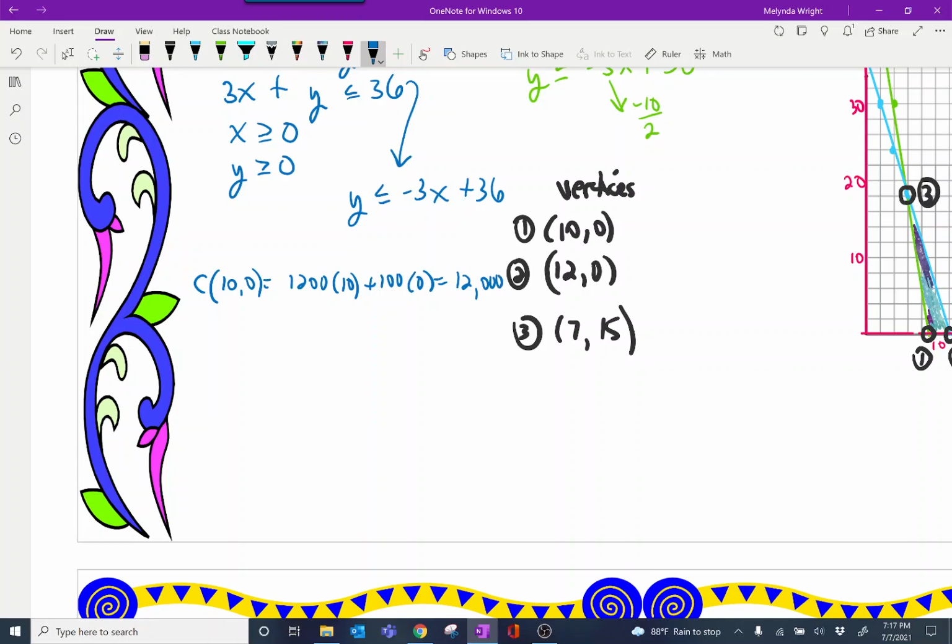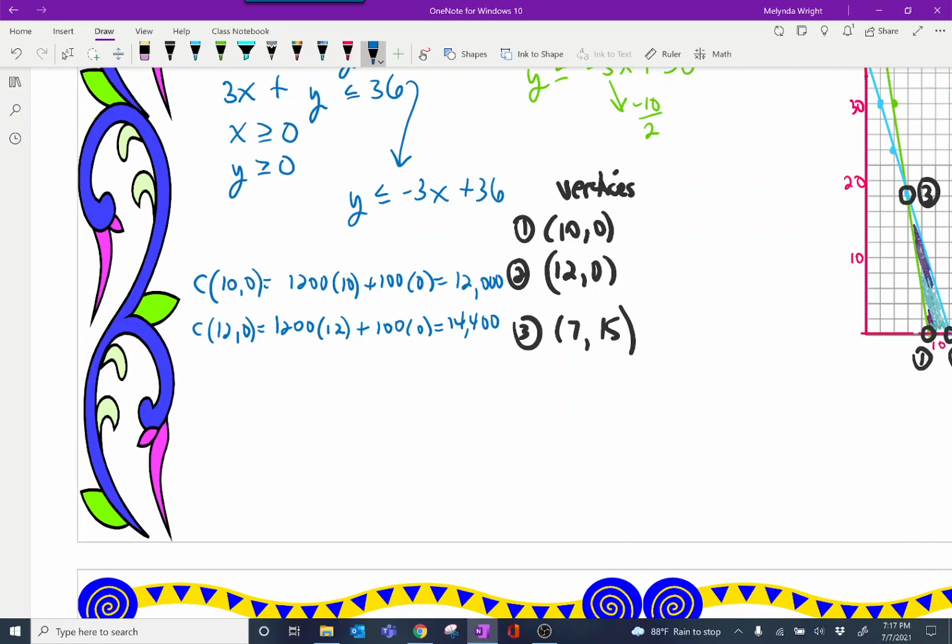So if we did 10 buses and 0 vans, it would cost $12,000. So C of 12, 0 would give us 1,200 times 12, plus 100 times 0, which would be 14,400. Oh, that's not a better cost.